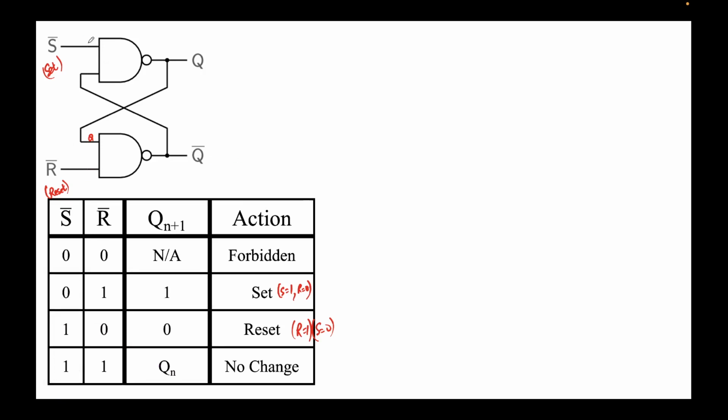So S bar is 0 and R bar is 1. This value is nothing but Q bar. Let's try to find the value of Q. Q will be the NAND of 0 and Q bar. 0 times something is 0, that will be 0 bar, it will be 1. So Q will be 1. That's what we are seeing here.